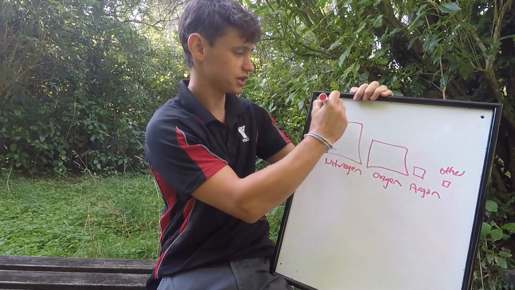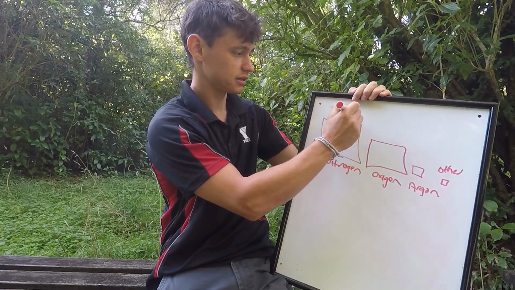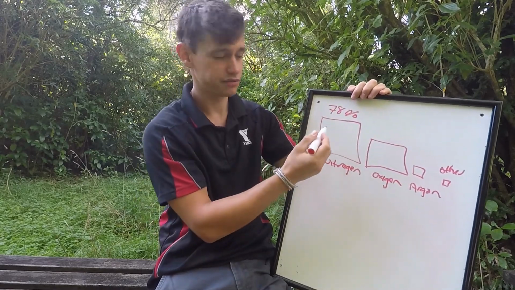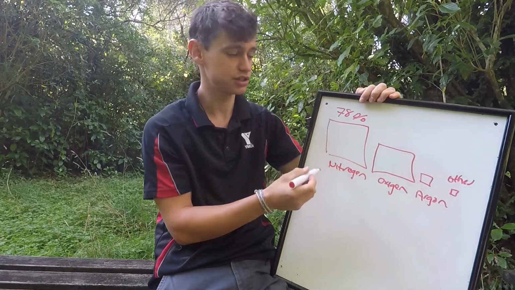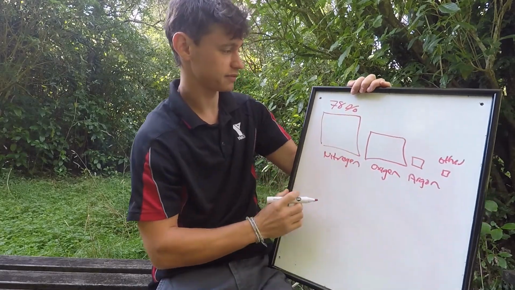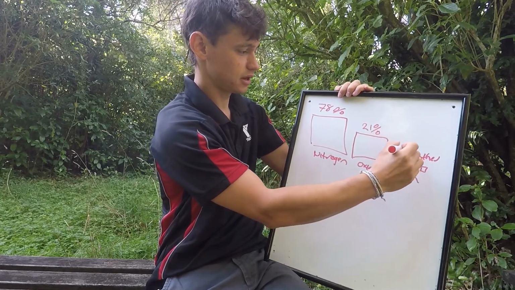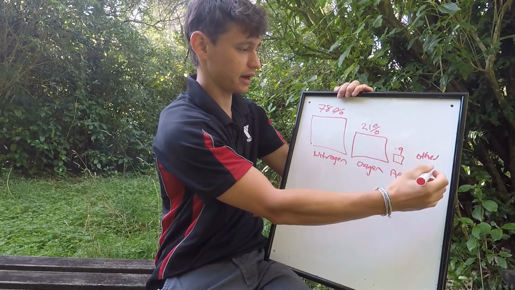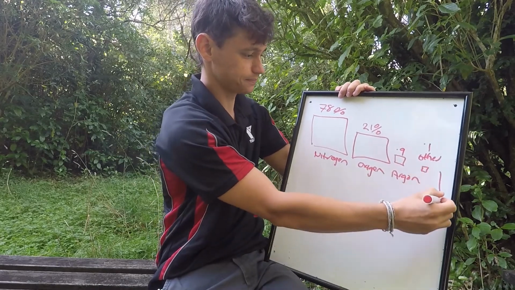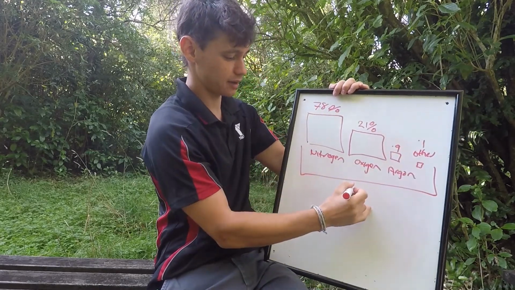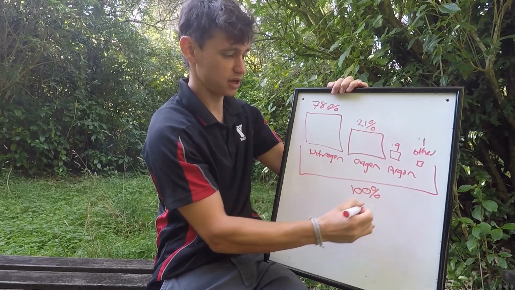Nitrogen, there is 78%. That's a rough, rounded percentage, but just for the purpose of this, it's about 78. Oxygen, 21%, argon, about 0.9, and other, about 0.1. And all of these add up to, of course, 100%.